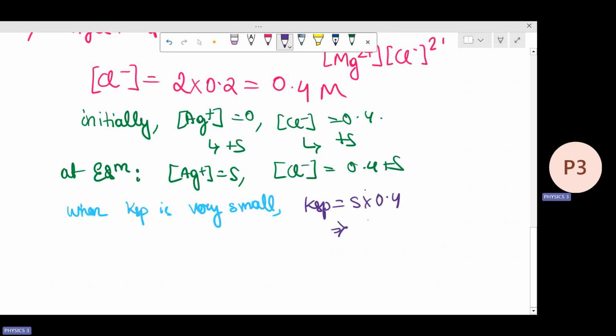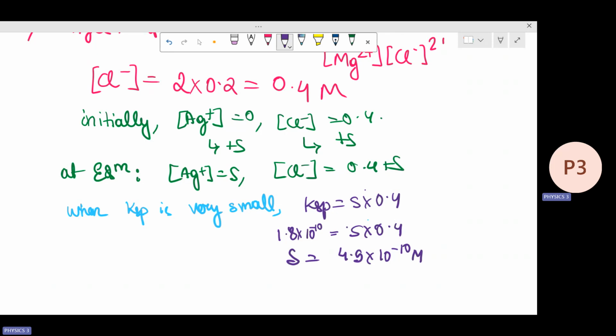That is 1.8 into 10 to the power minus 10. That is going to give me S into 0.4. What is going to be S? S is going to be nothing but 4.5 into 10 to the power minus 10 molar. I hope all of you understood what we are doing over here.